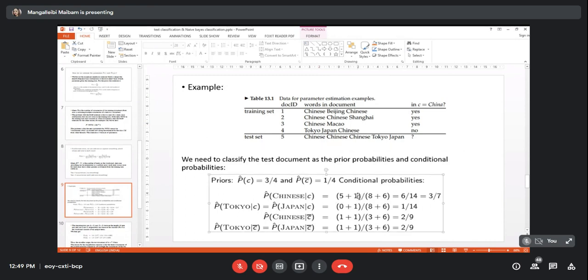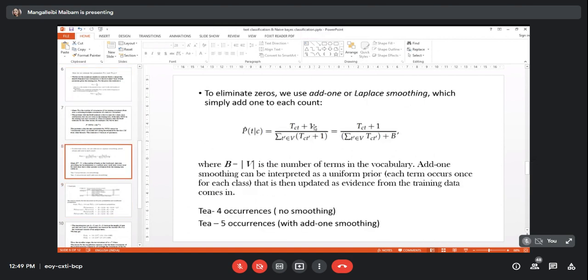This 1 is for Laplace smoothing; we add 1. So Tct plus 1: Tct is your term frequency for that particular term in the respective class, plus 1 is for add-one Laplace smoothing, and B is the total number of unique terms in the vocabulary.